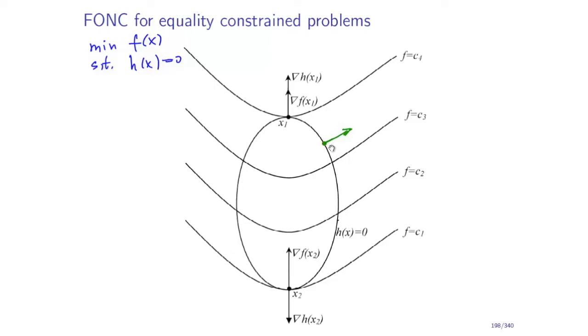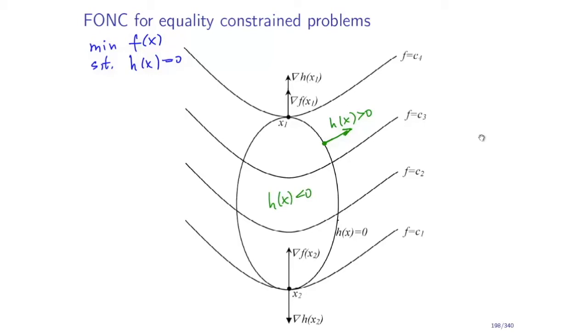For example, because h of x is equal to 0 for our feasible region, and we see that the gradients of h point to the outside, it means that outside of this ellipsoidal region, the value of h of x will be greater than 0. So outside h of x is greater than 0. And then inside of this ellipsoid, h of x will actually be less than 0.